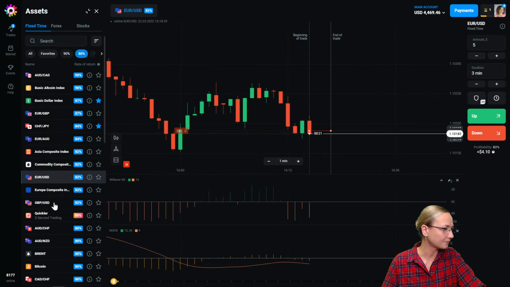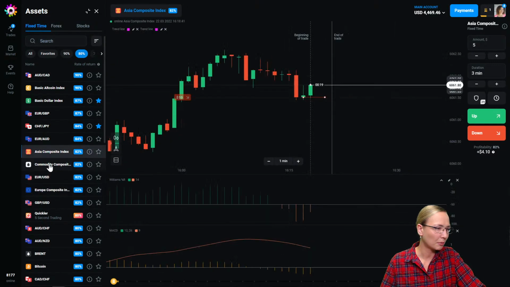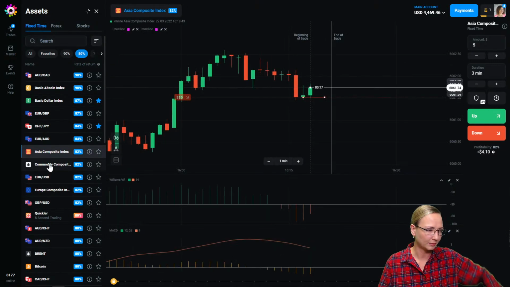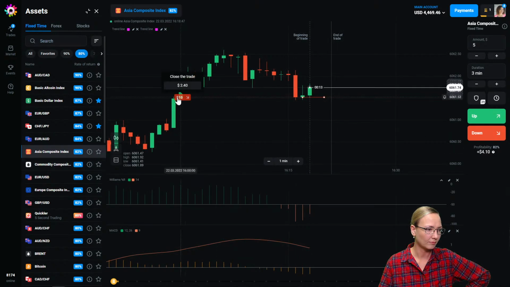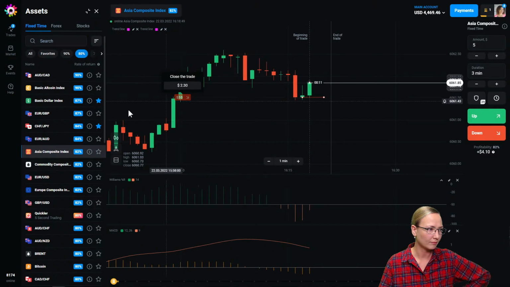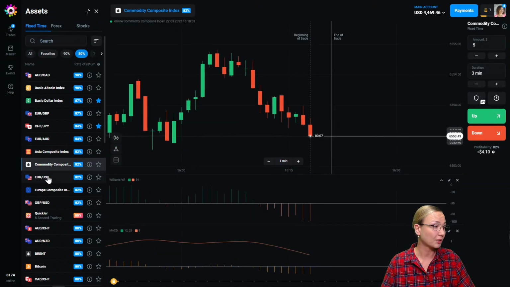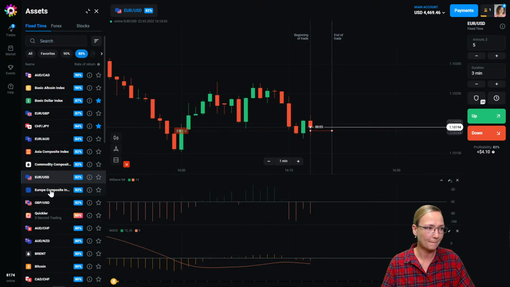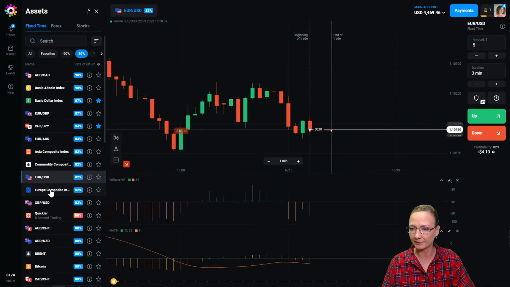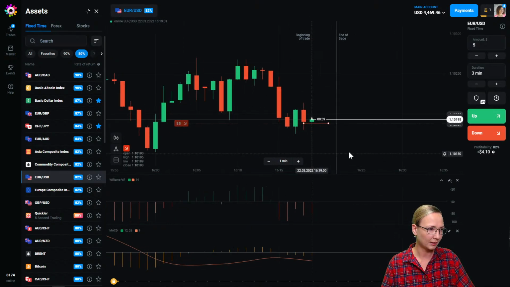Alrighty. Asia Composite Index. Ooh. Of course not, strategies are not perfect, but we are going to continue to look for some signals. Okay, let's see here.